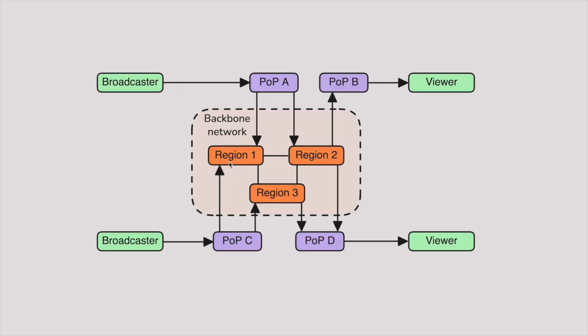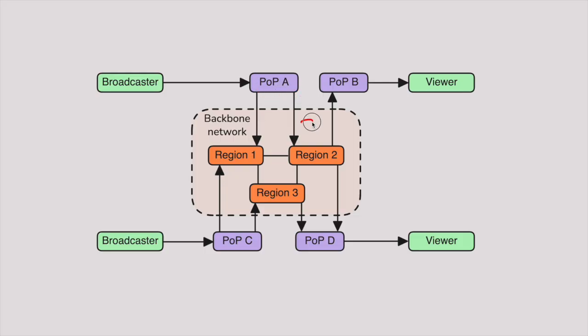In our case, let's say it's POP B and POP D, where the transcoded video fragments would be delivered and viewers would receive or download that video from the local POP D and POP B instead of the original POP where the video was streamed to. And as the broadcaster sends the video to POP A, that POP has to make a decision on where that video has to be sent to for transcoding and future processing.